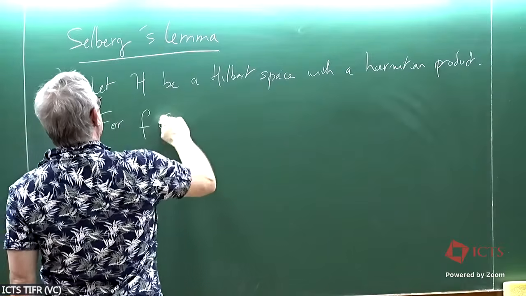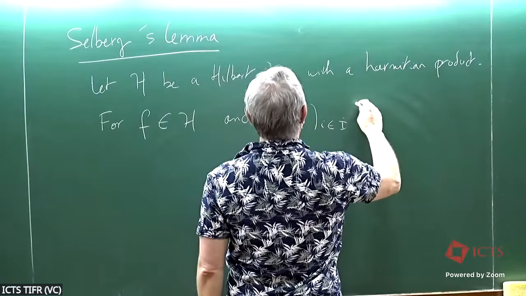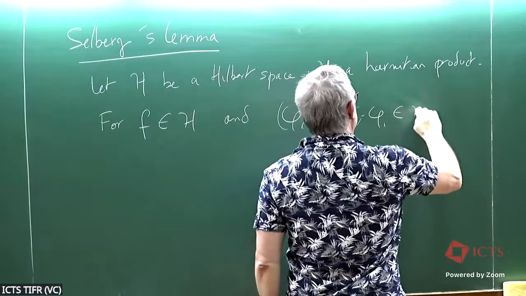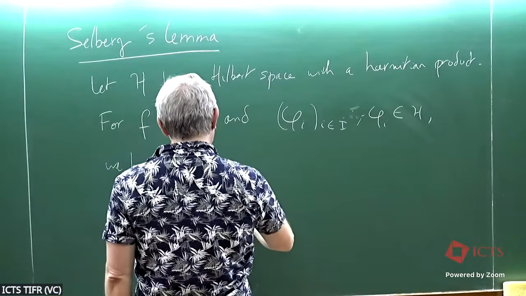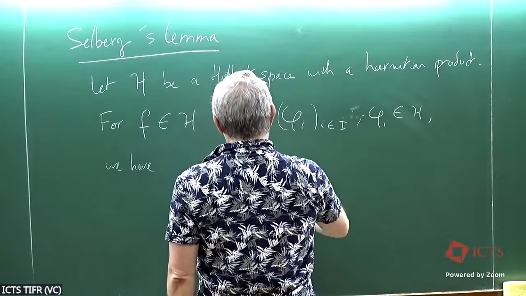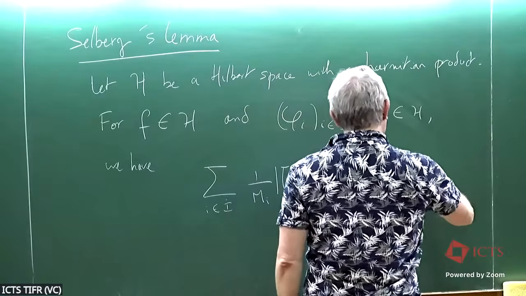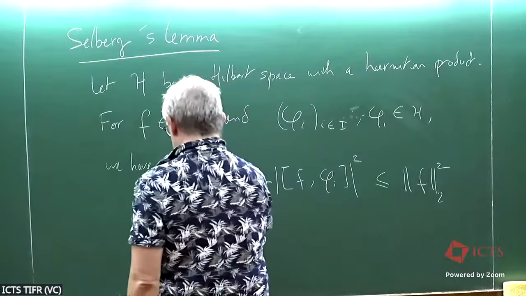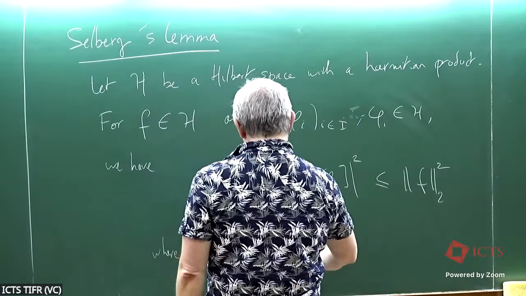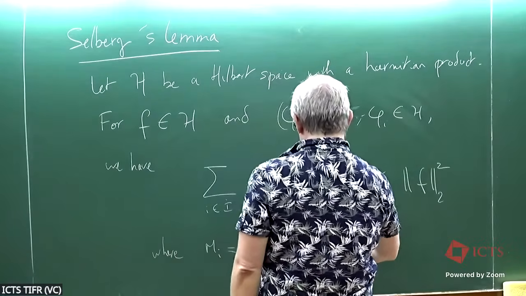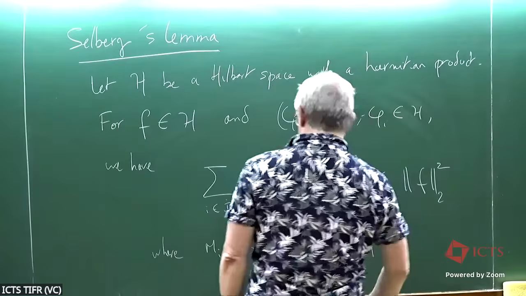For f belonging to this space and a finite collection of functions phi_i belonging to H, we have: the sum for i belonging to I of 1 upon m_i, scalar product of f with phi_i squared, is less than the L2 norm of f squared, where m_i is equal to the sum over j belonging to I of the absolute value of the scalar product of phi_i and phi_j.